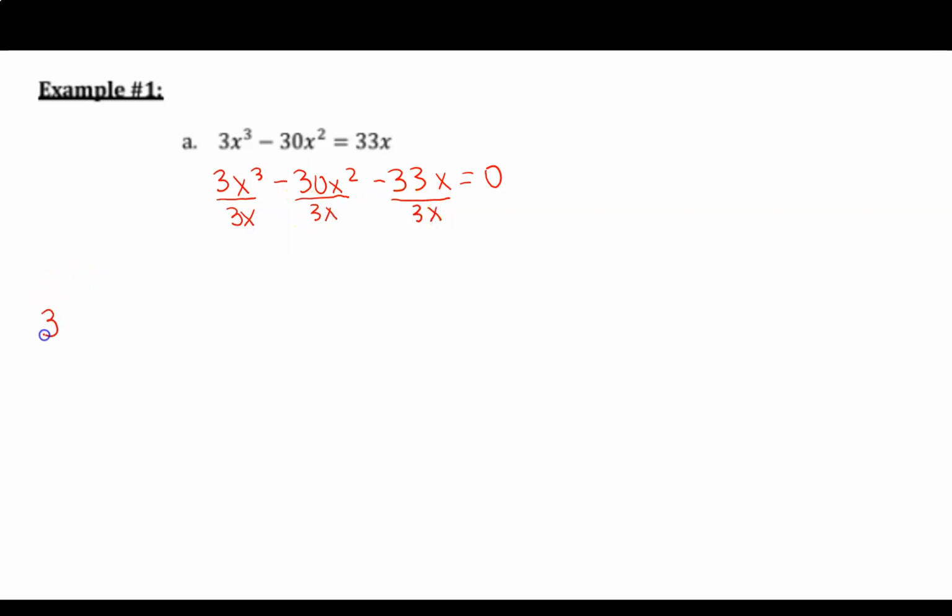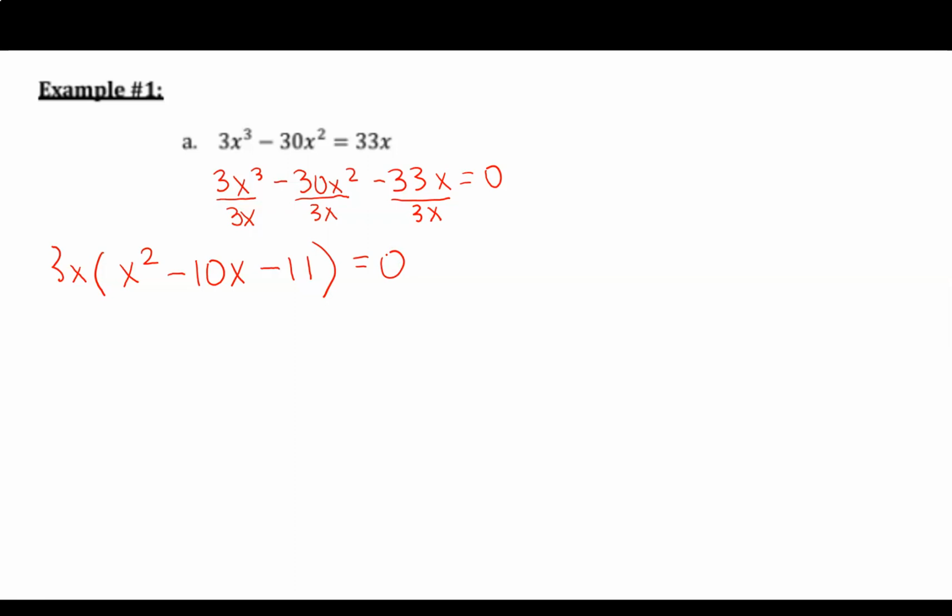So I write 3x as one of my factors. 3x cubed divided by 3x is just x squared. Negative 30x squared divided by 3x is negative 10x. Negative 33x divided by 3x is negative 11.